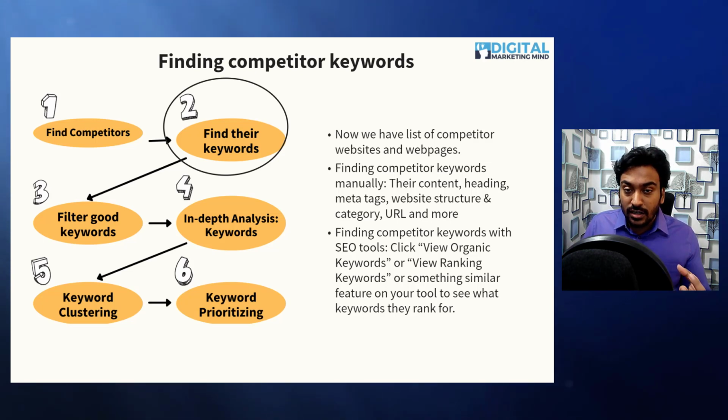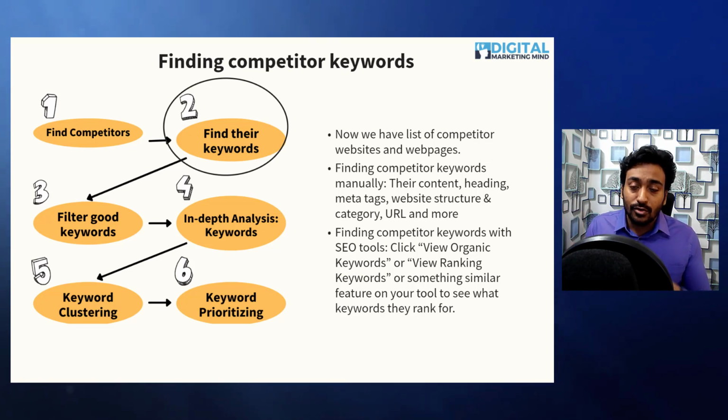We can check their competitor website structure and categories to see what the layout is like, how they are organizing their content feeds, and what different subtopics they are focusing on. Or we can even use the URLs of different resources within your competitor page, where usually, if it's a good SEO optimized website, the URL will contain the main keyword or main topic.